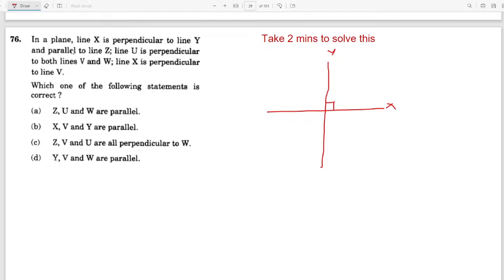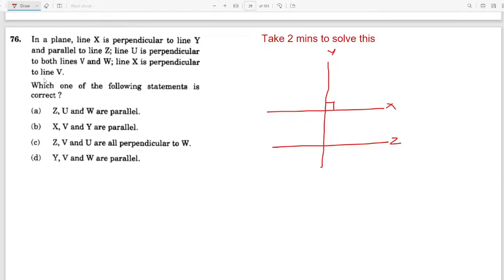And then line X is perpendicular to line Y and parallel to line Z. So this is line Z. Z is parallel to X and X is perpendicular to Y. Line U is perpendicular to both V and W. So this will be a different diagram. I'll just check whether I have any other line which is with X.